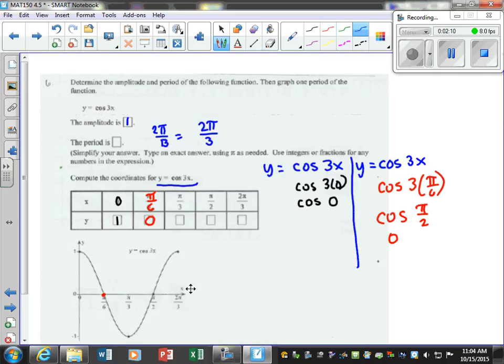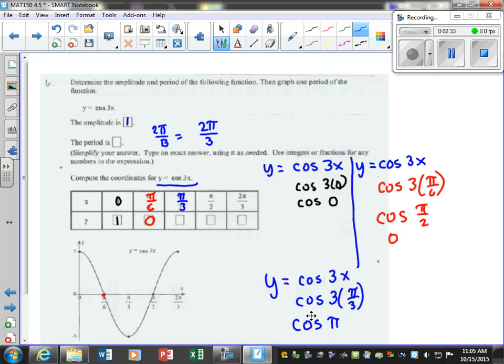And let's just do one more for the sake of it. Cosine of 3x, and we are now going to evaluate this, and let's do our next point, which is pi thirds. So cosine of 3 times pi thirds, simplify that. What's that reduced to? Just the cosine of pi.